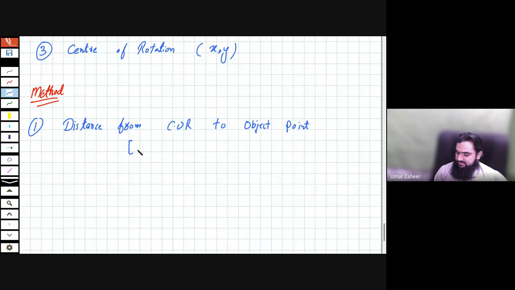Let's say the distance is like this. For example, this is your object point and this is the center of rotation. So the distance is 1, 2, 3, 4, 5, 6, and 1, 2, 3. The distance is 6, 3. Is it clear?